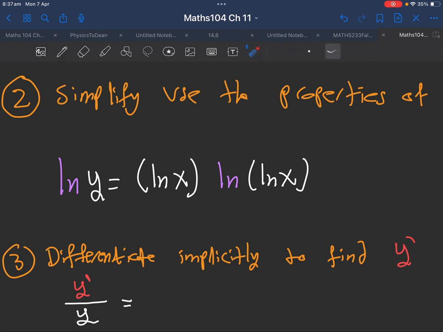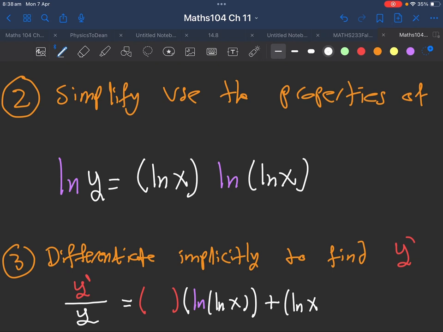Now, because we have two functions multiplied with each other, we will use the product rule: derivative of first times the second. What is the second? It is ln of ln x. So we have ln x, plus the first, which is the first ln x, times the derivative of the second. We'll see what's the derivative of the second in a minute.